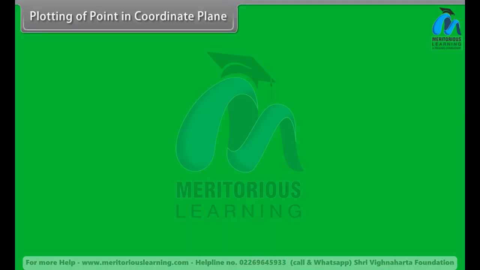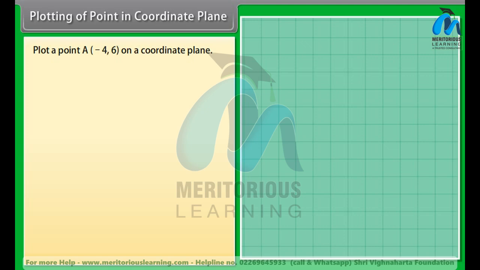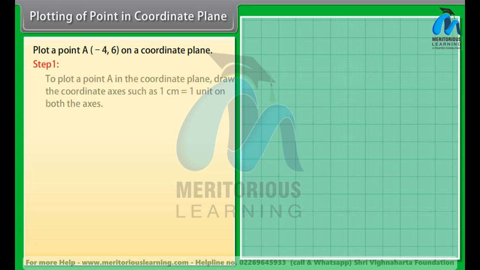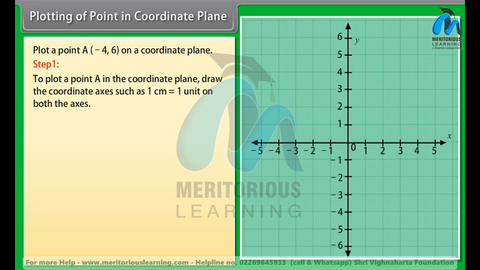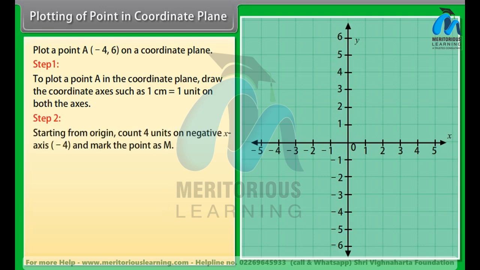Plotting of a point in the coordinate plane. Let us now learn to plot a point in the coordinate plane. Let us plot a point A (-4, 6) on a coordinate plane. Step 1. To plot a point A in the coordinate plane, draw the coordinate axes such that 1 centimeter is 1 unit on both the axes. Step 2. Starting from the origin, count 4 units on the negative x-axis, that is, -4, and mark the point as M. Step 3.